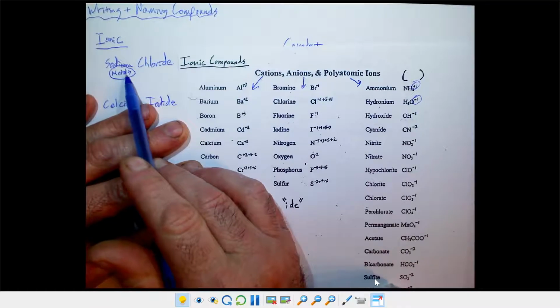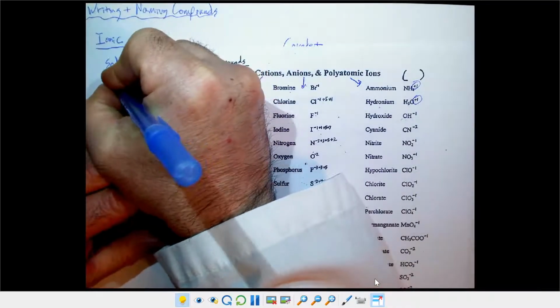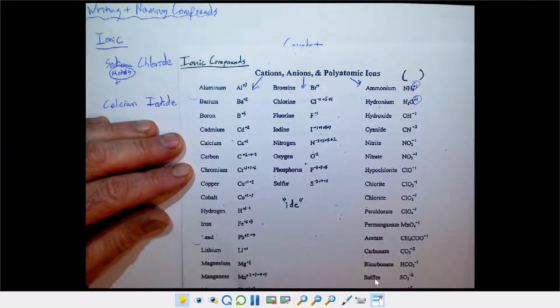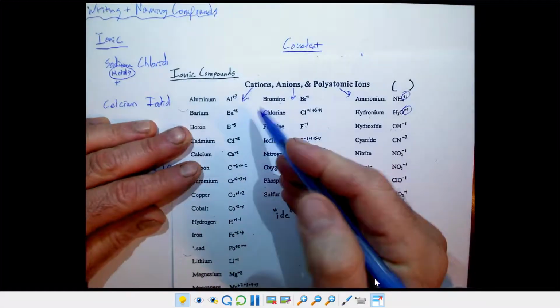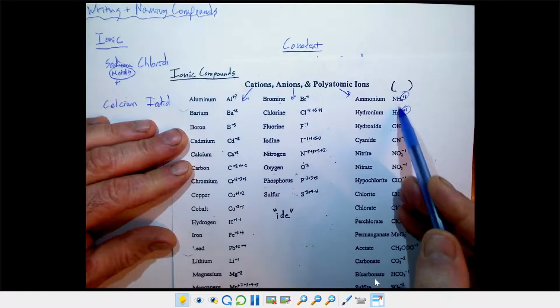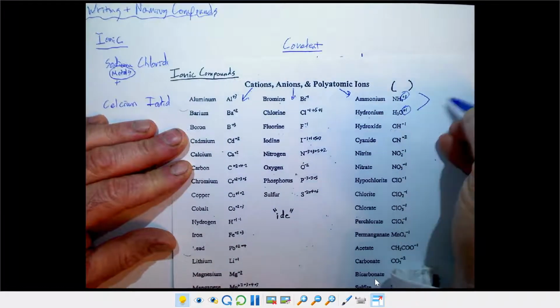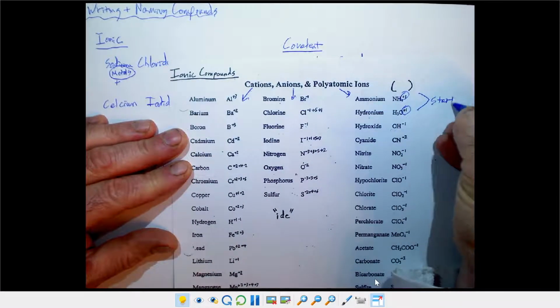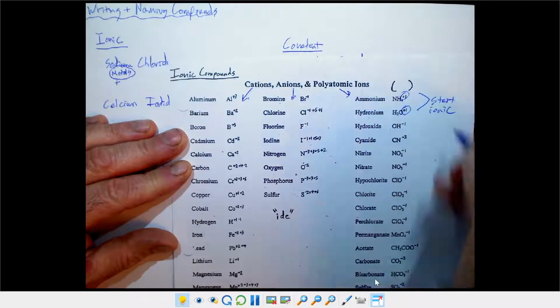Metals typically have a positive charge or a positive oxidation number, right? And so usually it's something from the first column that you're going to start with, but every once in a while you can also start with these guys. And if you start with these, then it's going to end up being ionic as well.